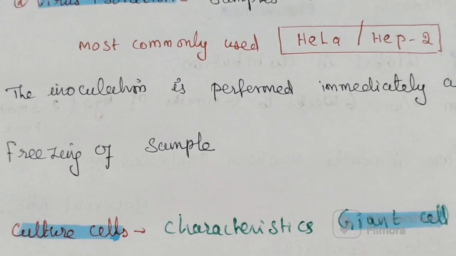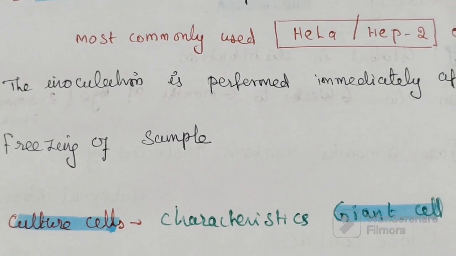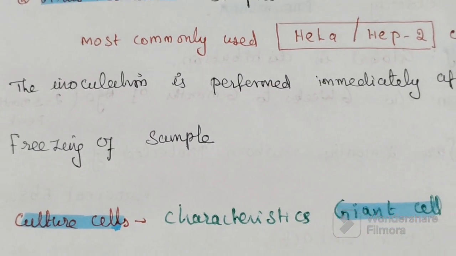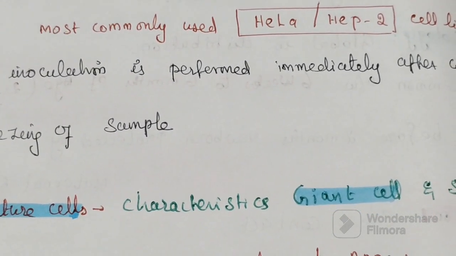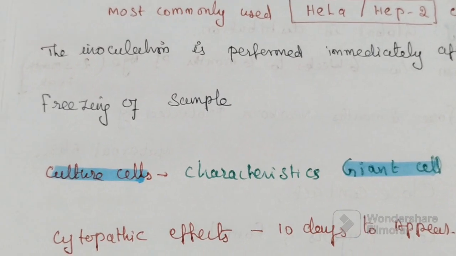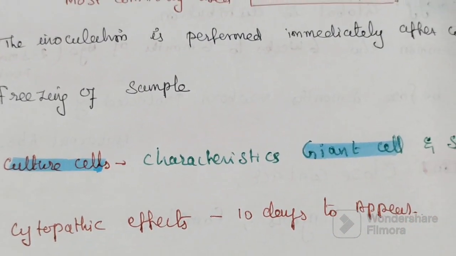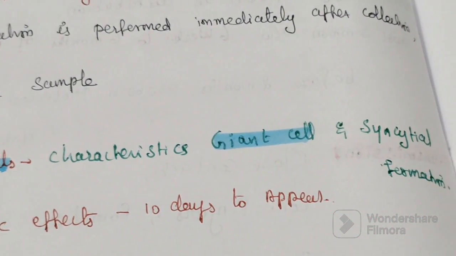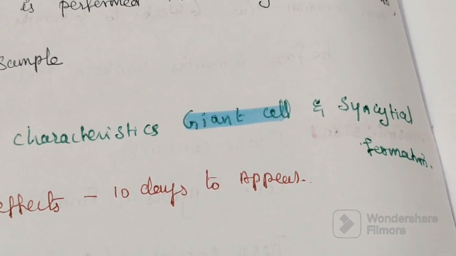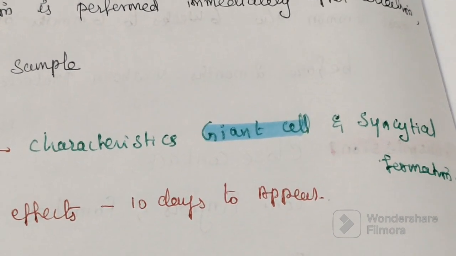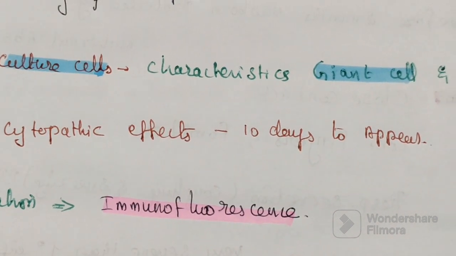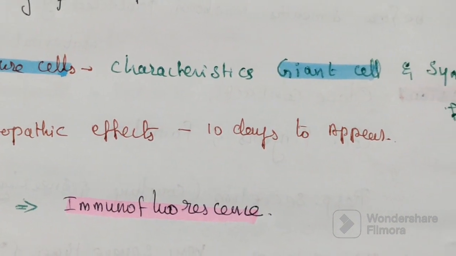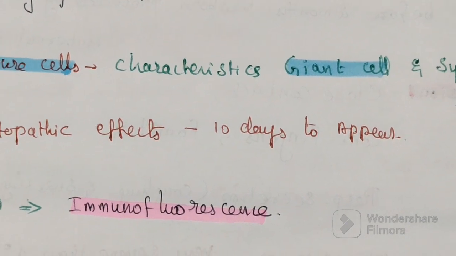Cell culture characteristically shows giant cell and syncytial formation. The cytopathic effect takes about 10 days to appear.